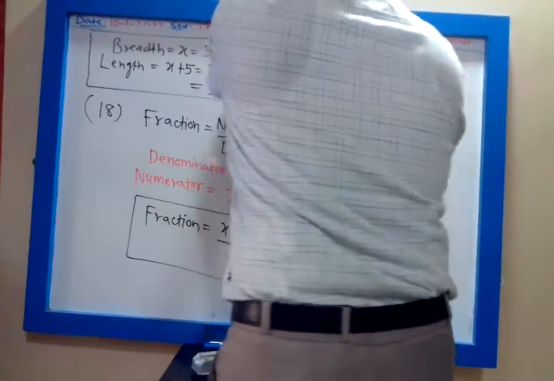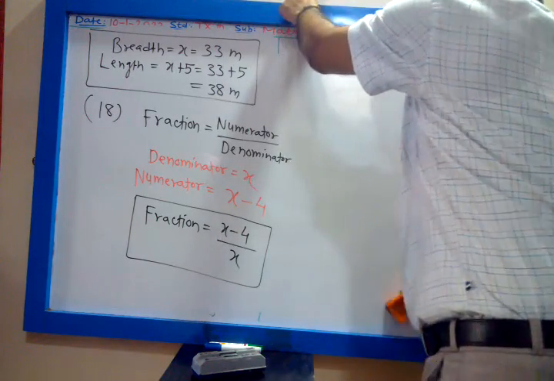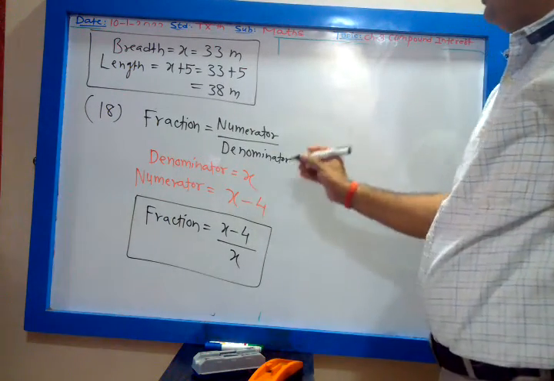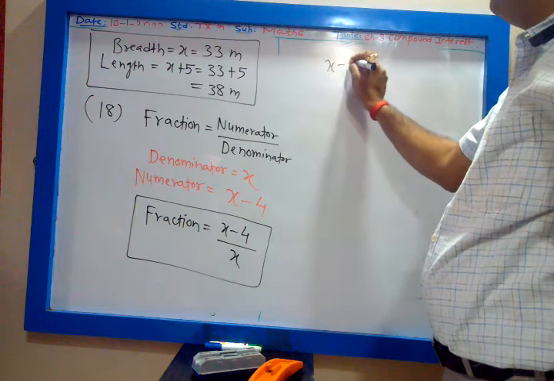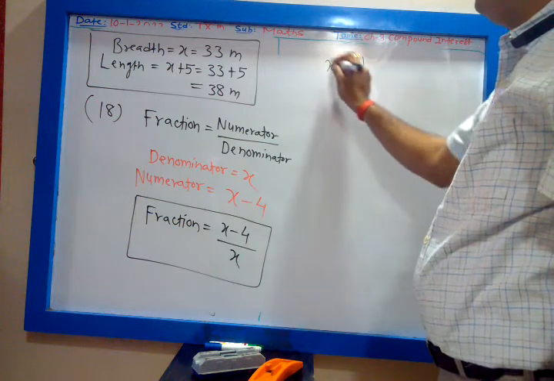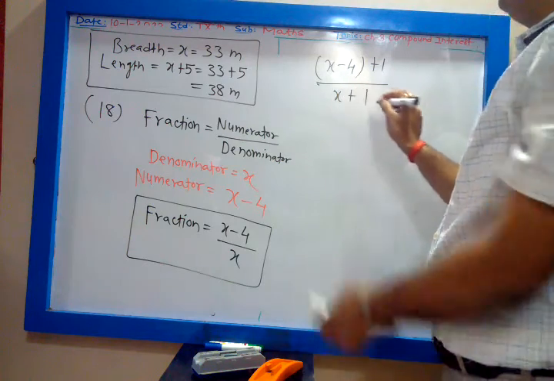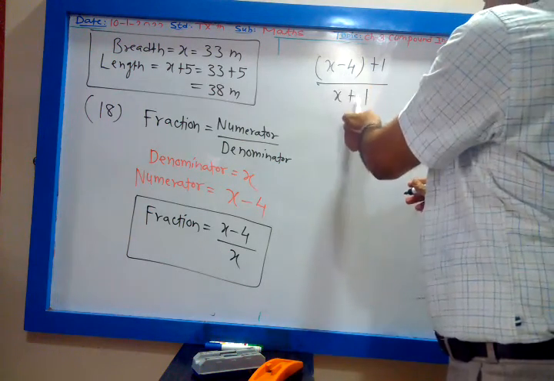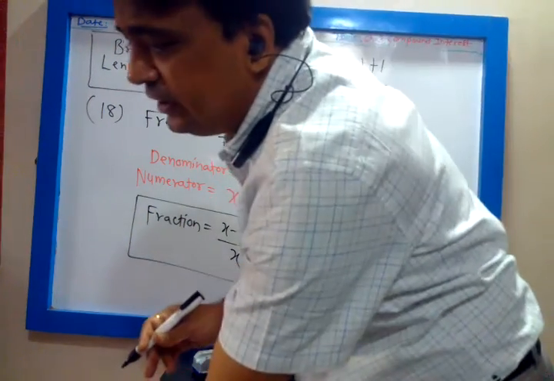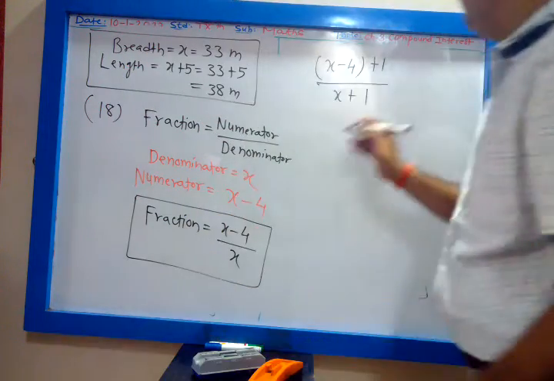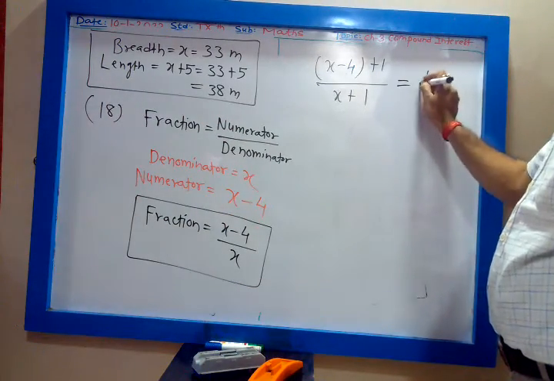So let us solve. If 1 is added to both, it means x minus 4 plus 1 upon x plus 1. We are adding 1 to both numerator and denominator. Then the fraction becomes half, so the fraction is equal to 1 by 2.